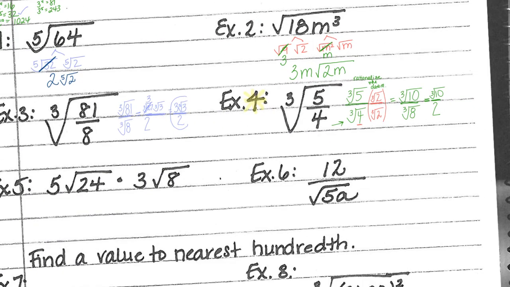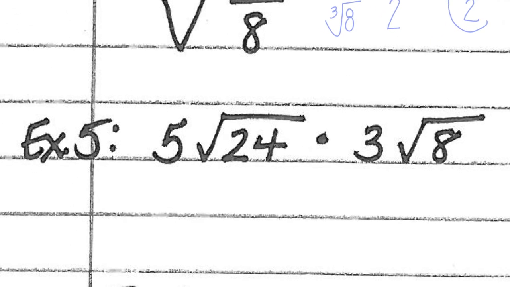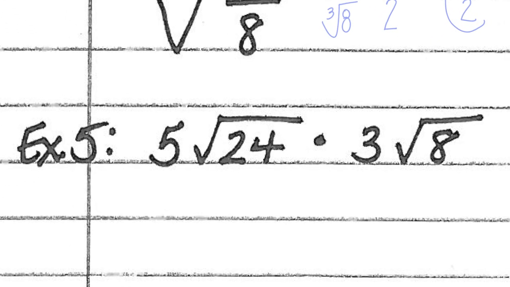All right, a couple more things that we want to look at. I just want you guys to see something like this. There are a couple ways to do this. You can just multiply the numbers and multiply the radicals and reduce from there. But I like to reduce because I don't want to deal with a bunch of radicals. So I know 4 times 6 is going to give me a perfect square.